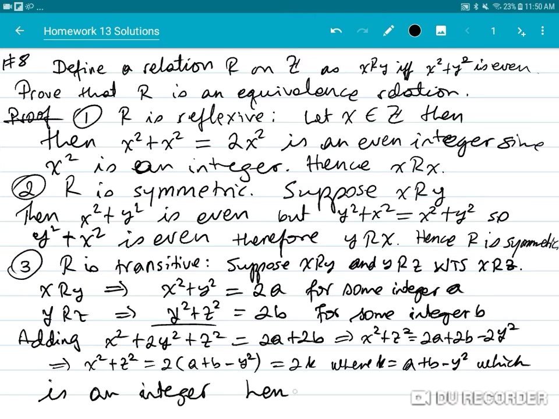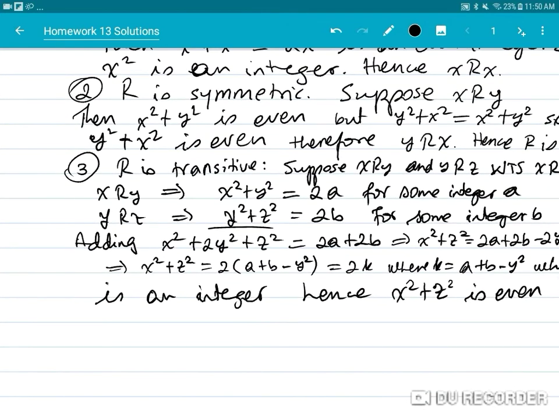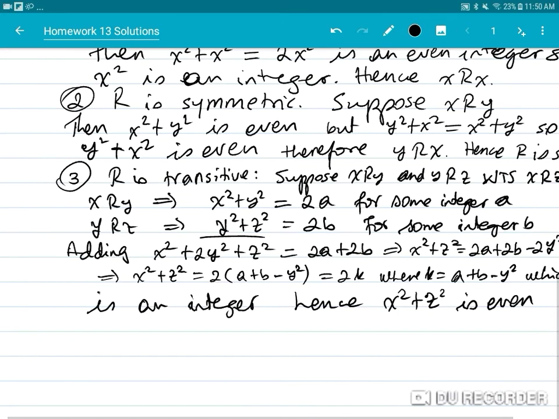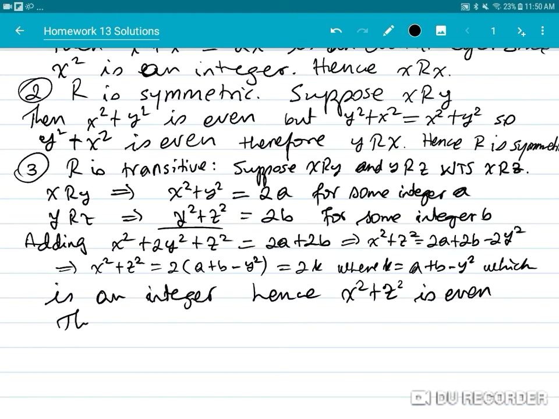Hence, x squared plus z squared is even. Therefore, x is related to z, which means that R is transitive.